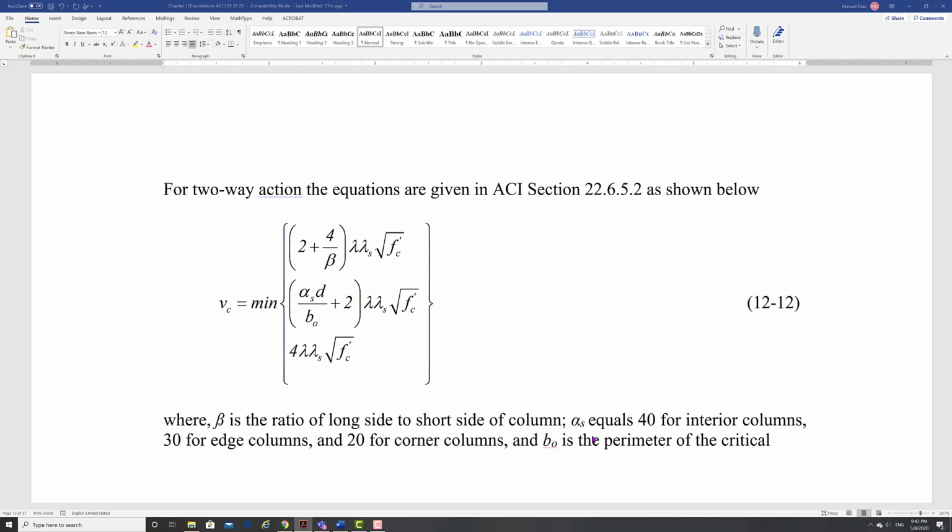Alpha s is a special coefficient that depends on where your column sits. For most footings, your column is right in the center of the footing, but there could be special cases where it's not. And b naught, I already explained what b naught is. That's the critical perimeter. So that's very important.